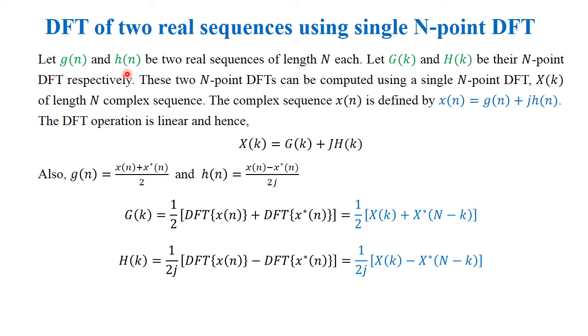Now, the procedure we are going to discuss says that to calculate the DFT of these two sequences, g of n and h of n, we are not going to use the DFT twice. Instead, we are going to use it only once, and then derive the DFT of both sequences.